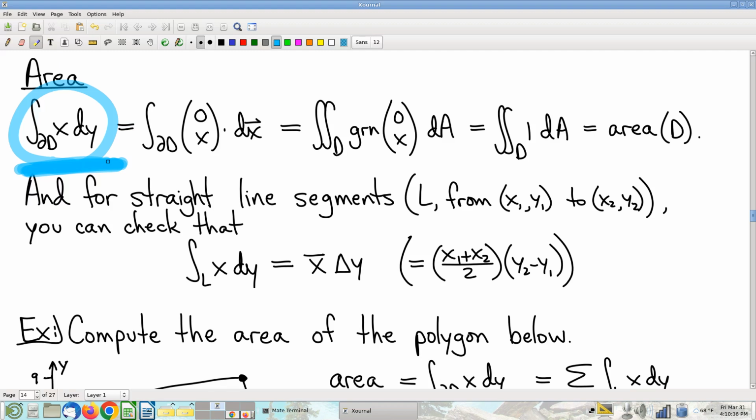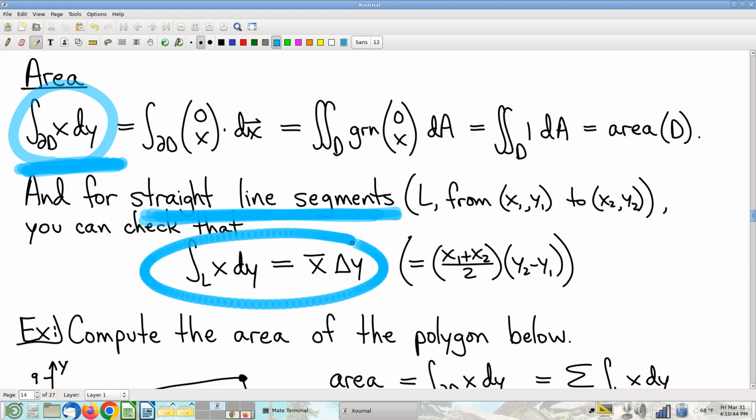And furthermore, only if you have a straight line segment as your curve. Look how handy the formula is. This works every time. It's very convenient. Again, only on straight line segments and only for the integral of x dy. But nevertheless, a really handy little formula.